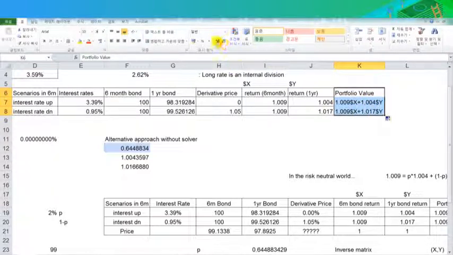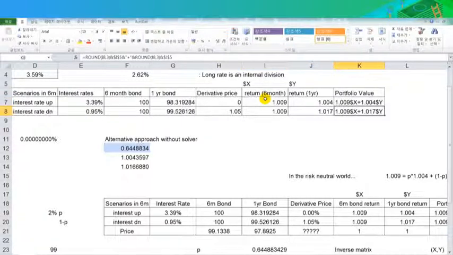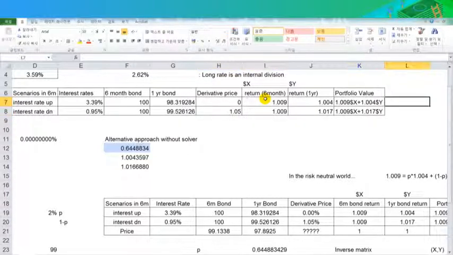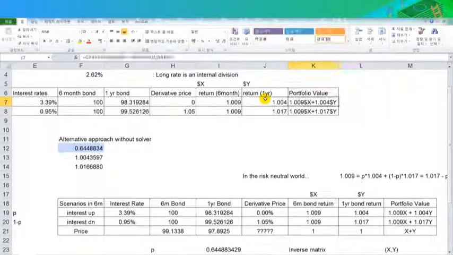So depending on your amount of investment in X and Y, you will have a portfolio whose value becomes either this one or this one, depending on the scenario. Depending on scenario, which means depending whether interest goes up or goes down, right?